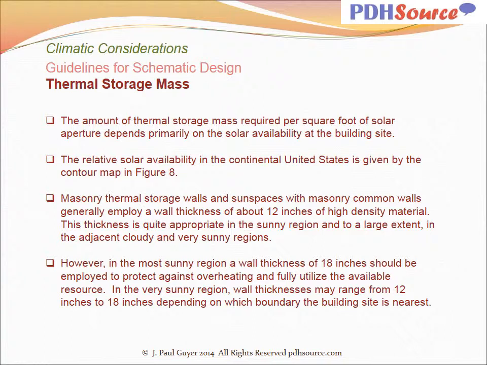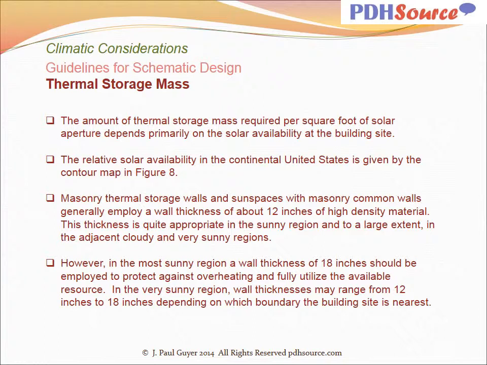The relative solar availability in the continental United States is given by the contour map in Figure 8. Masonry thermal storage walls and sun spaces with masonry common walls generally employ a wall thickness of about 12 inches of high-density material. This thickness is quite appropriate in the sunny region and to a large extent in the adjacent cloudy and very sunny regions.